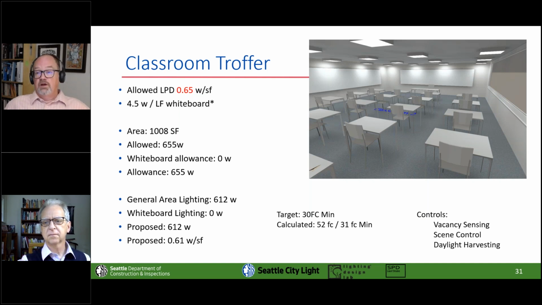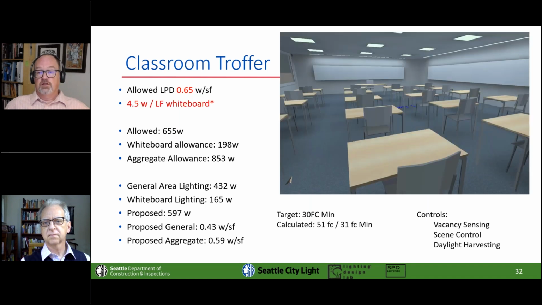So what if we go ahead on the next slide and actually adopt a better solution of lighting those whiteboards at the perimeter? Turns out lighting surfaces can actually be better for us, both from an energy standpoint and from a visual standpoint. We're not just trying to blob light everywhere with the troffers.